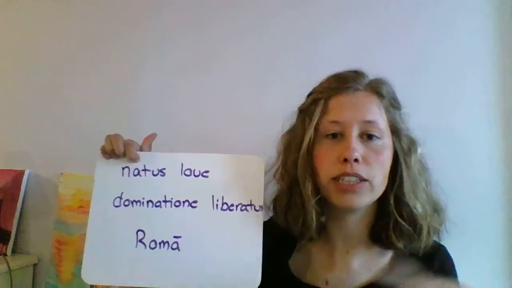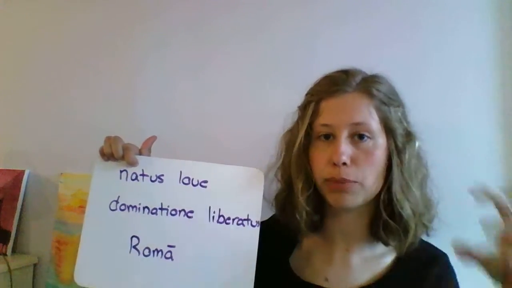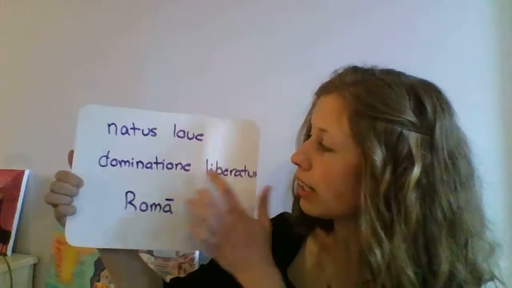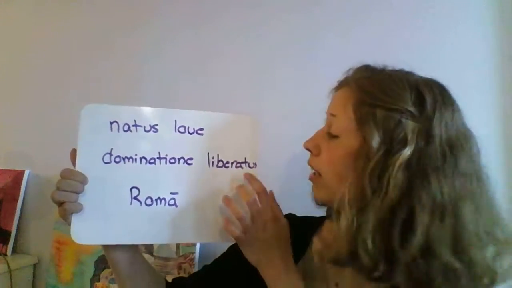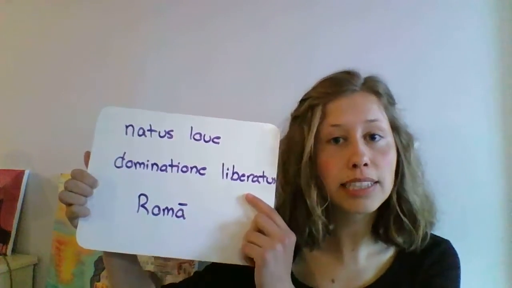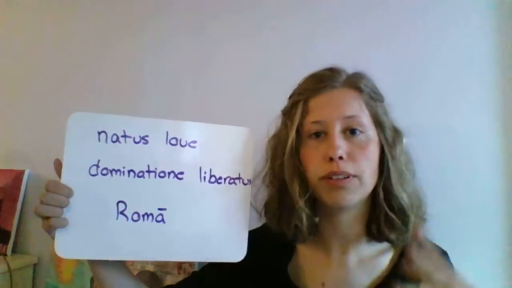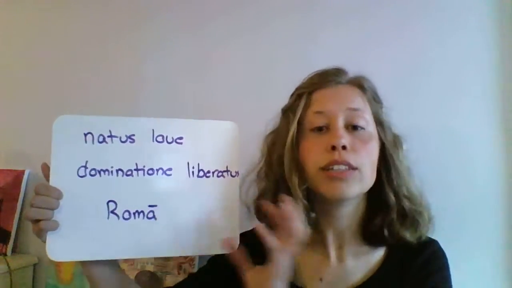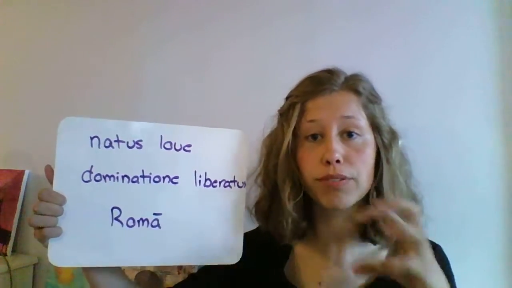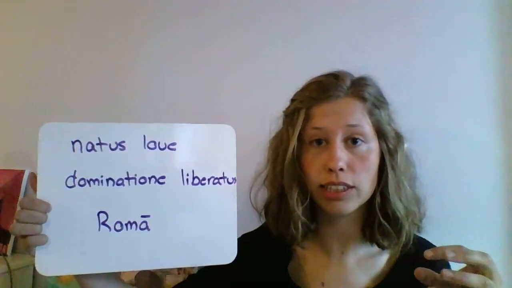So ablative of separation, if you're born from someone, you are being separated from them. Next, we have dominatione liberatus. So liberatus means having been freed from domination or from tyranny, something like that. So you're freed from something or from someone, and that's an idea of separation.